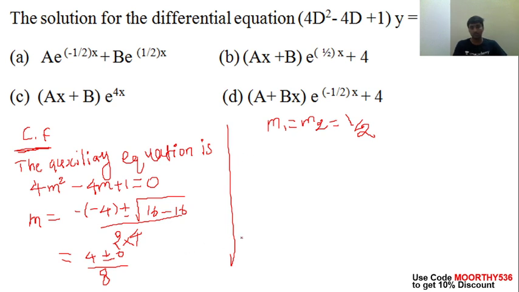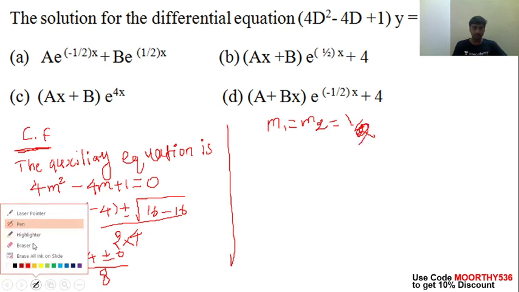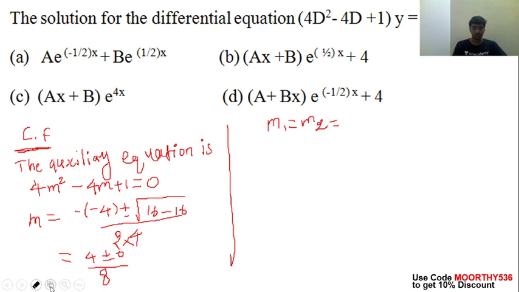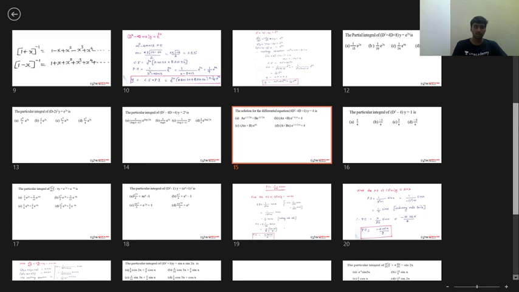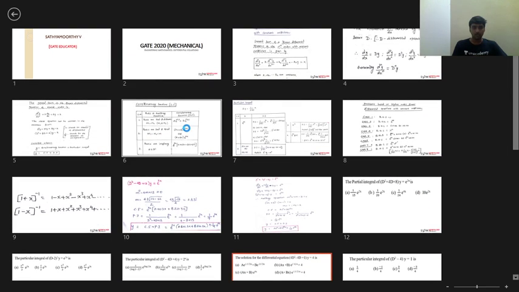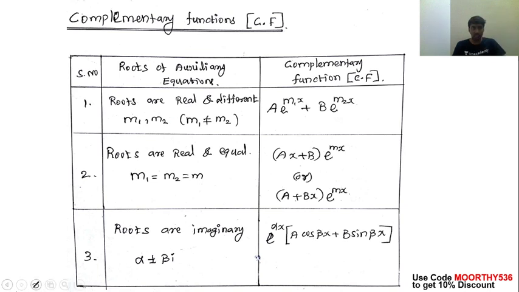So when the roots m1 and m2 are real and equal, the complementary function is given by (Ax + B) e^(mx), where m is the root value.